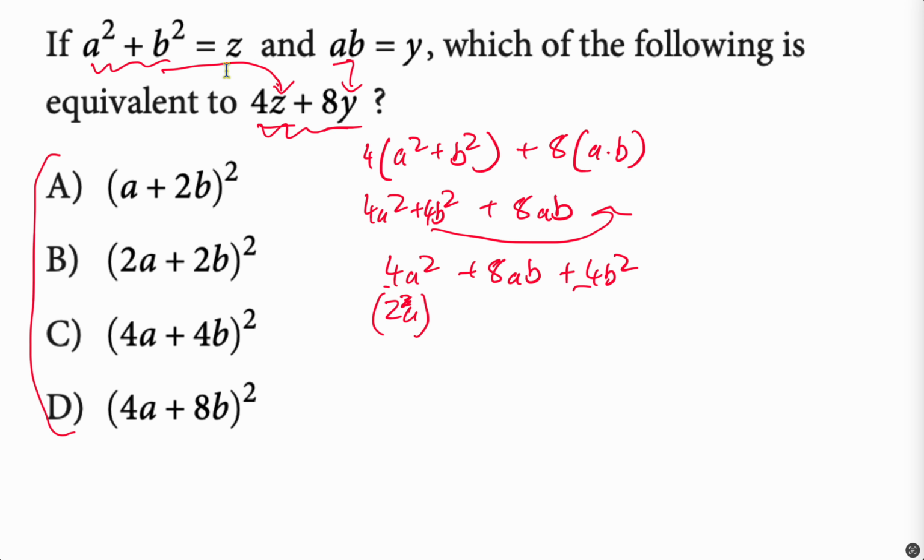So (2a) squared plus 8ab plus (2b) squared, right? Because (2a) squared is the same thing as 4a squared, and then (2b) squared is the same thing as 4b squared. So if I rewrite like this, it's easy for us to see how we can break it out, because we see both of these are squares.